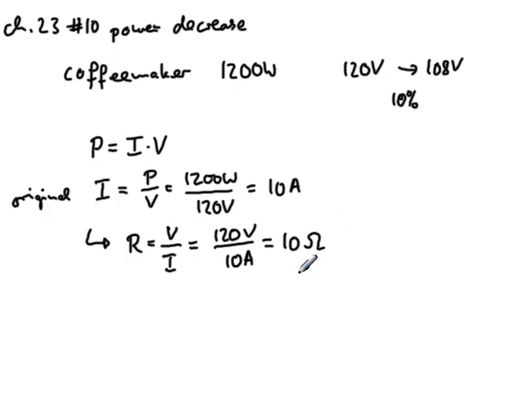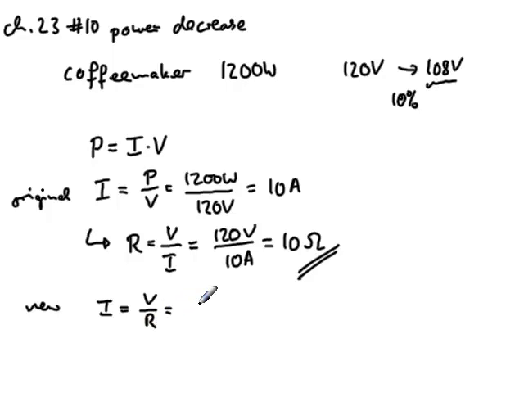Okay, in any case, now it says that the resistance of the toaster or coffee maker is the same at 10 ohms even at the new voltage. So let's calculate for the new voltage, and something interesting will happen here as we calculate the electric current. Electric current with Ohm's law is going to be voltage divided by resistance.